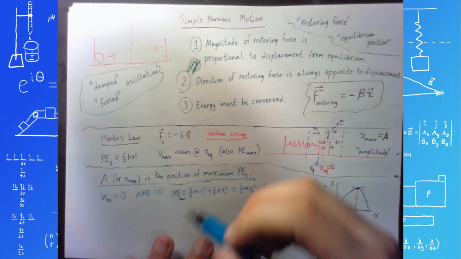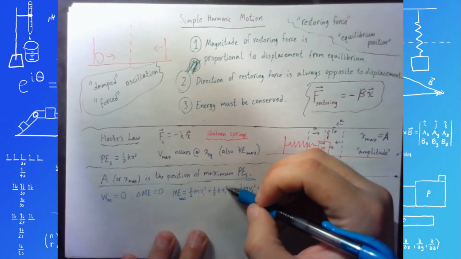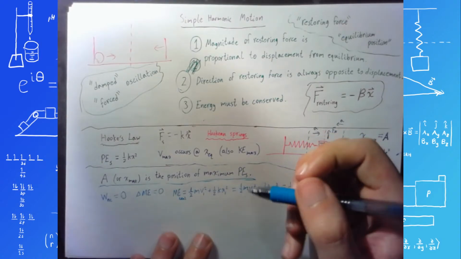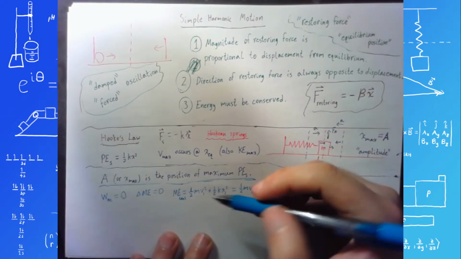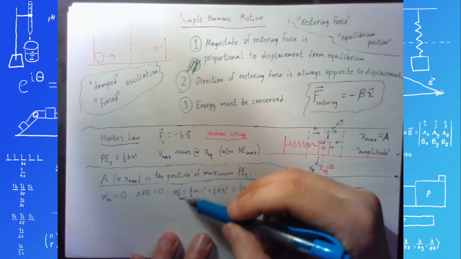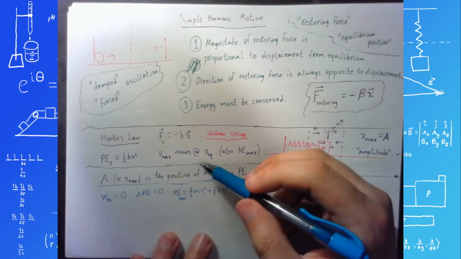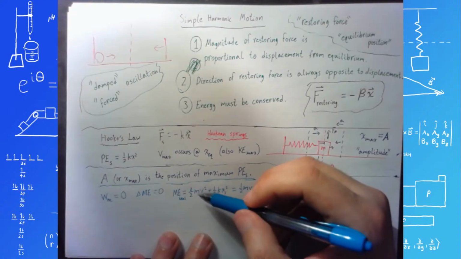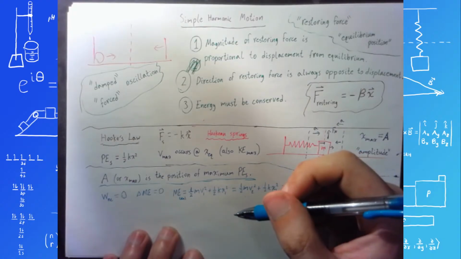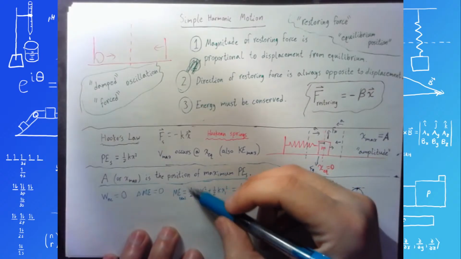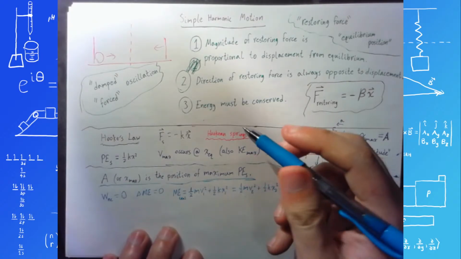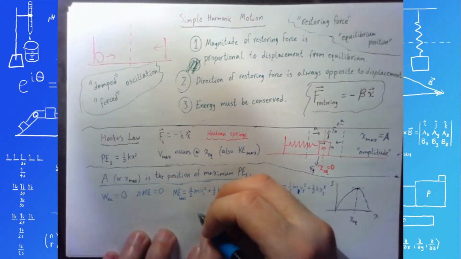So how do I maximize one of these types of energy versus the other? Well, it's simple. You just make that type of energy eat up the entire total and leave nothing behind for the other type of energy. So maximum potential energy is when all of the mechanical energy goes into potential energy and none of it goes into kinetic energy.